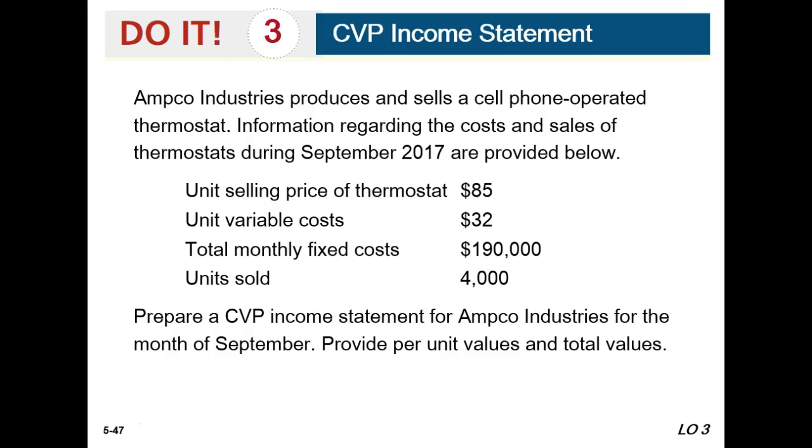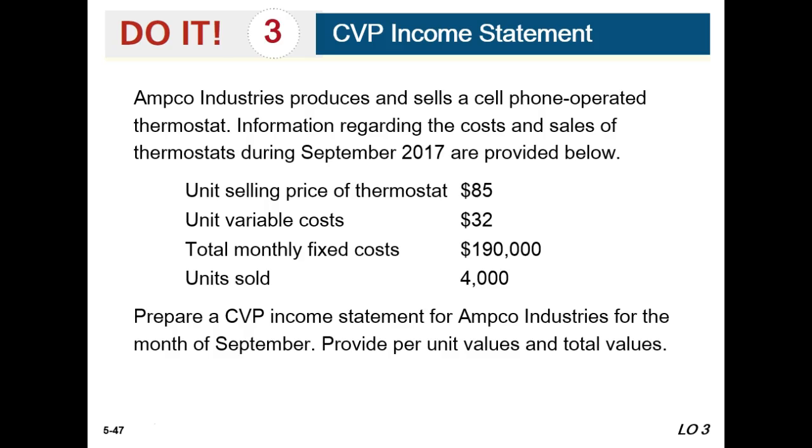Information regarding the costs and sales of thermostats during 2017 are provided below. The unit selling price of a thermostat is $85. The variable costs are $32. Guys, just right there, what is going to be the contribution margin per unit? $53.